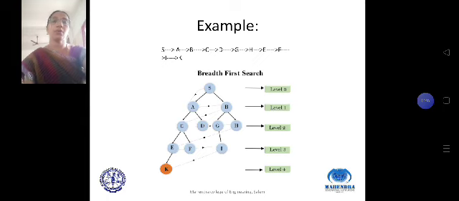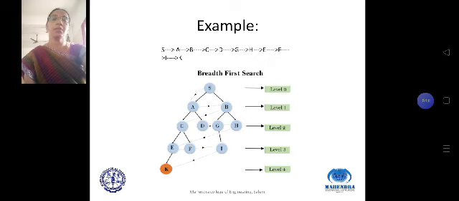Here is an example of breadth first search. Here we have different nodes and edges. It's called the breadth first search tree. S is the source node, and K is a successor node. From the root node to the successor nodes, we have to traverse each node in a breadth-wise manner.